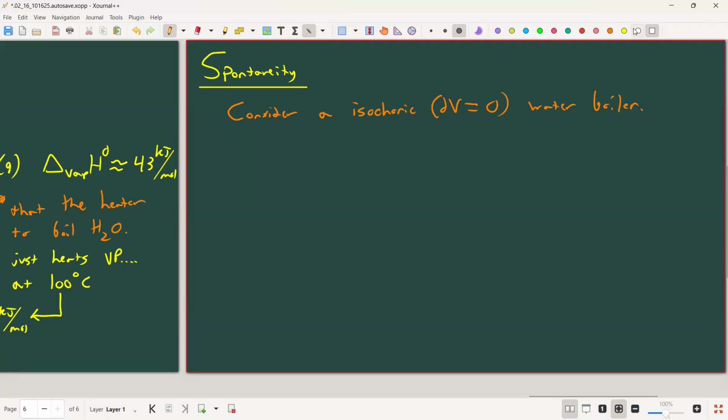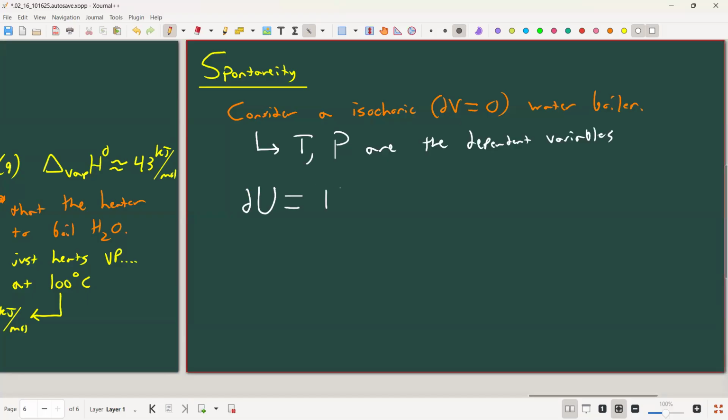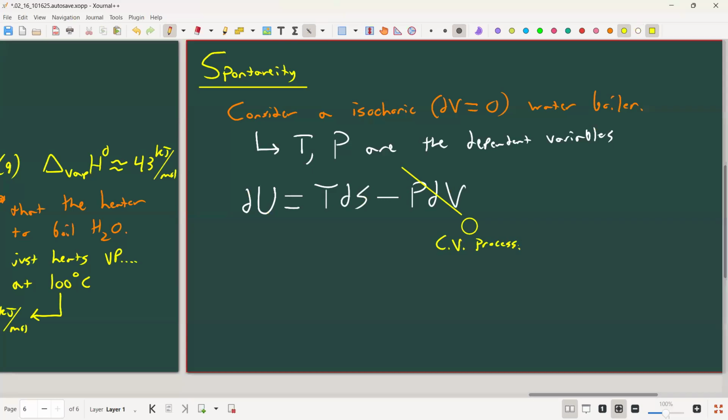So that means that at constant volume, T and P are the dependent variables. Therefore, dU is going to be equal to TdS minus PdV, and because it's constant volume, this goes to 0. It's a constant volume process, all heat.